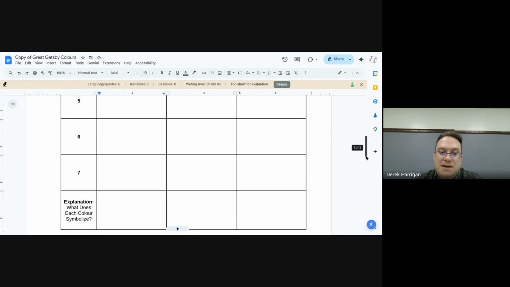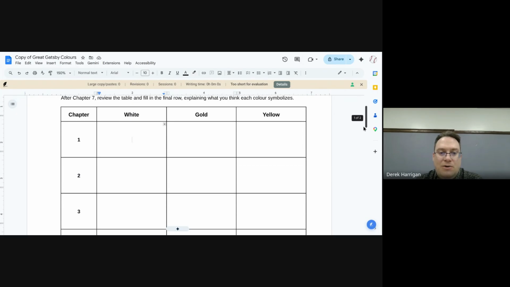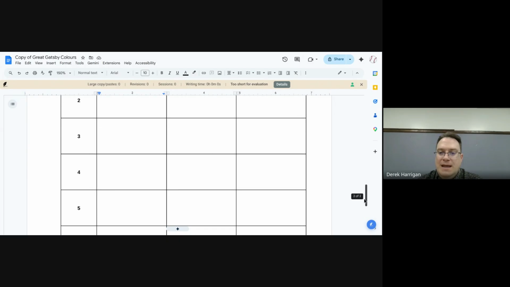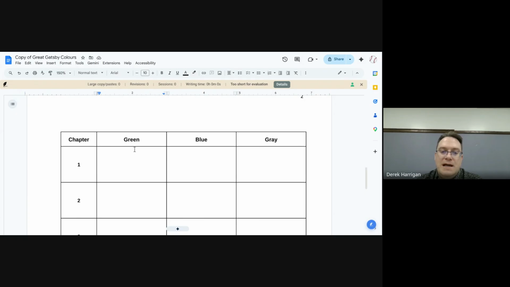Then this week, you're going to add examples for chapter 7 and then explain what you think each color represents. So look back at all of the objects that you labeled as white and all of the objects that you labeled as gold and yellow, and gray and blue and green.